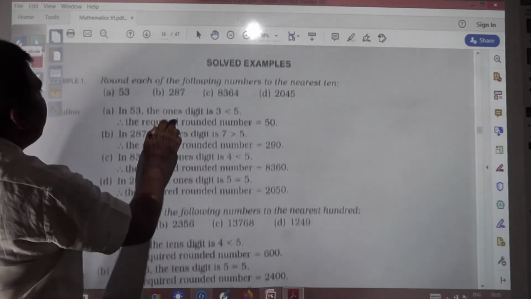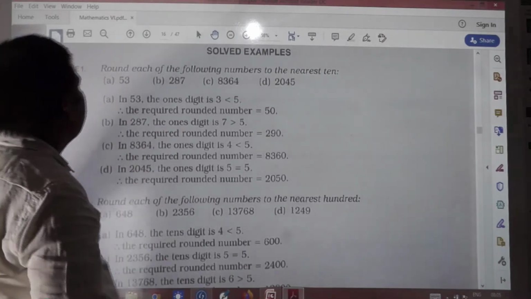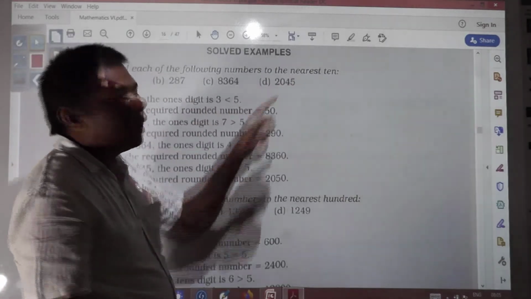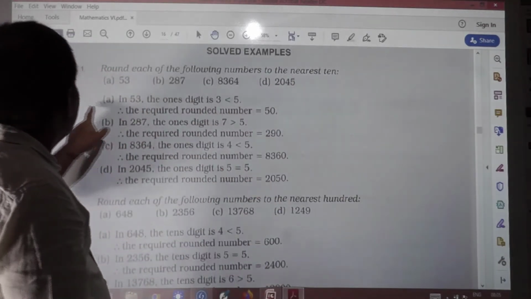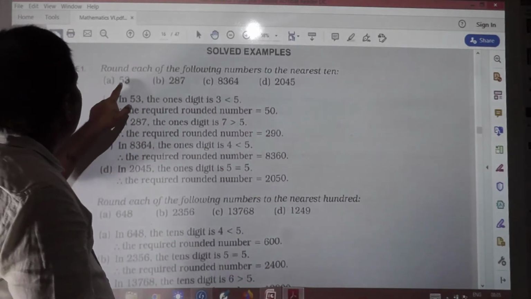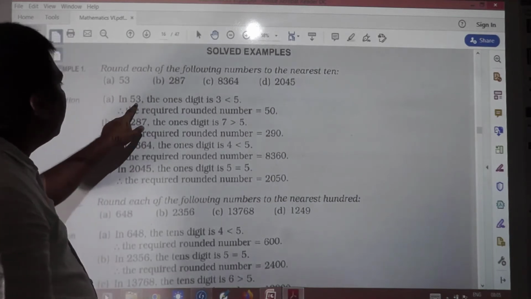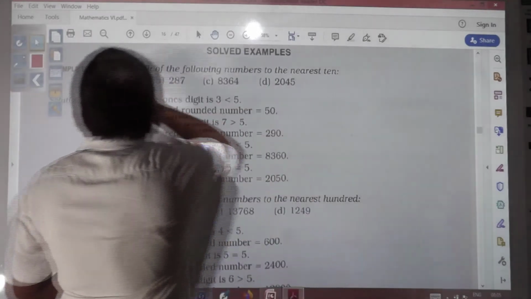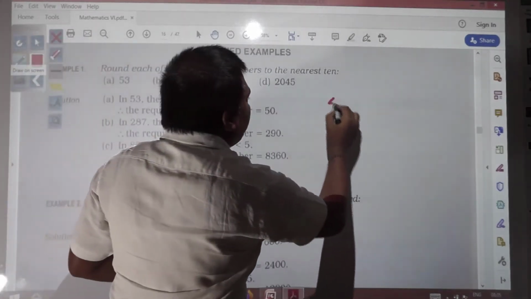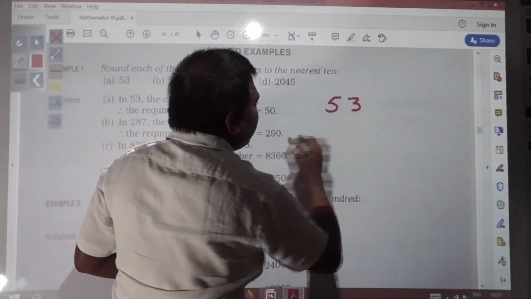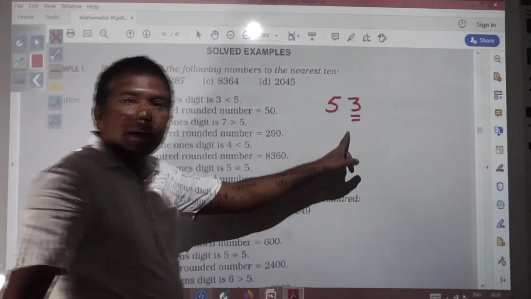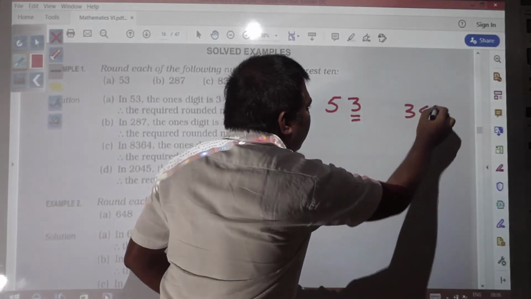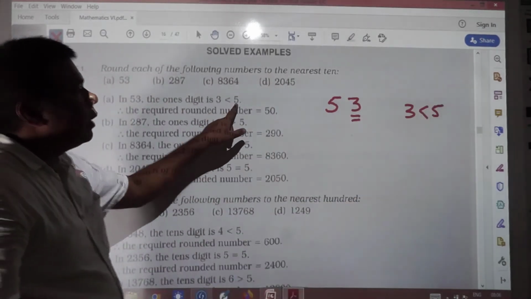Then some short examples are there. You see, round each of the following numbers to the nearest 10. Here you see first example you have 53. In 53 the ones digit is 3, and 3 is lesser than 5.